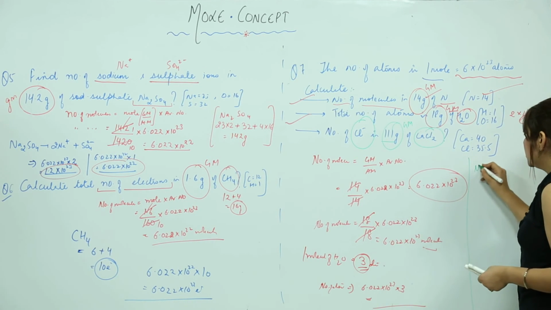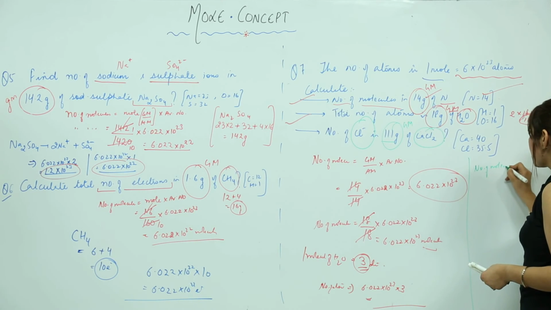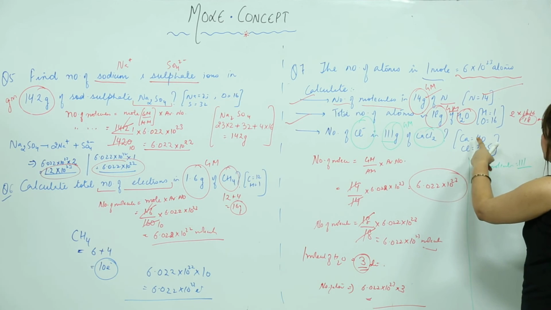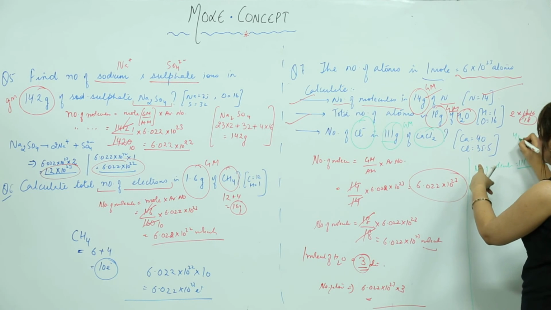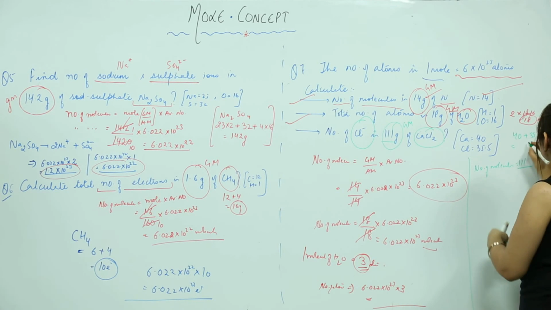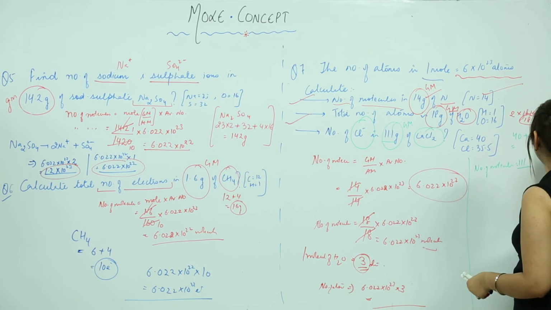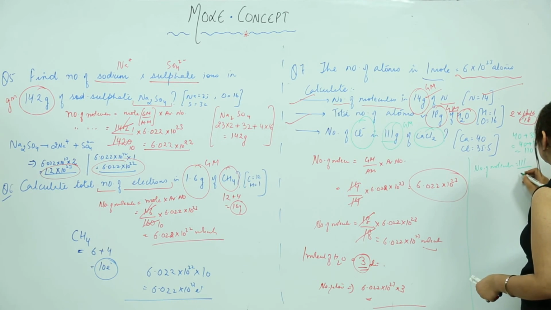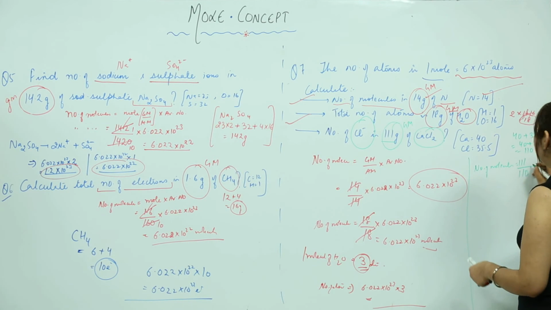See, number of molecules: mole is 111 divided by the molecular mass, and when you calculate it, it is going to be 40 plus 35.5 into 2, so 40 plus 71, and it is going to be about 111, so it is 111 divided by 111 into Avogadro number, right?